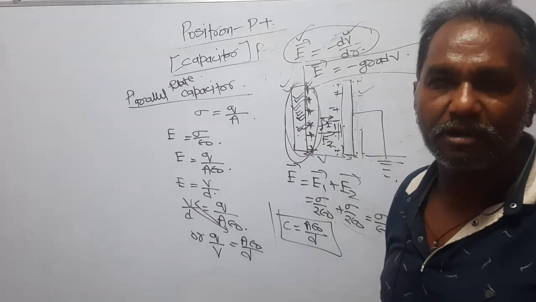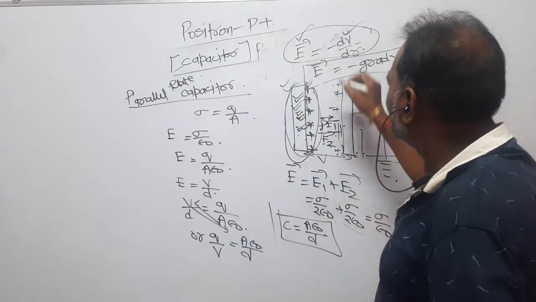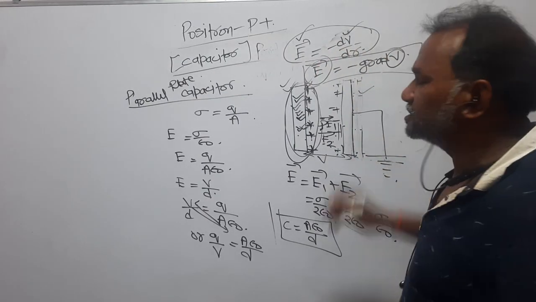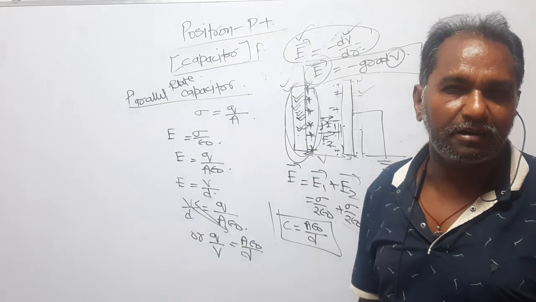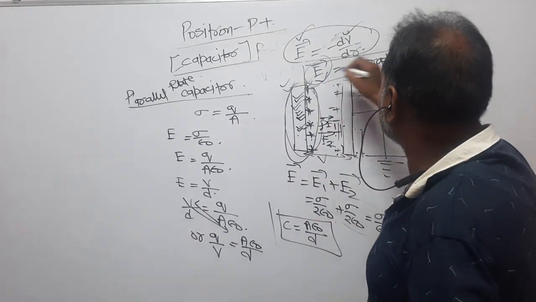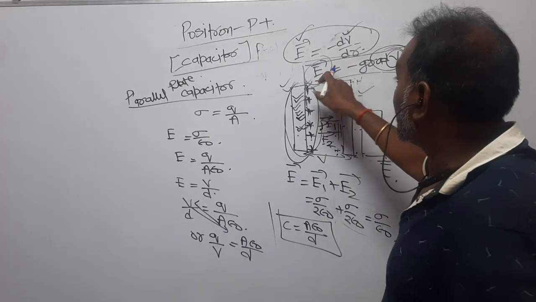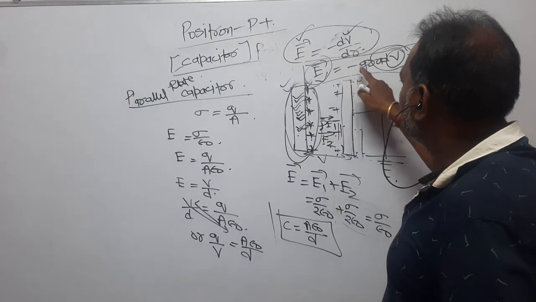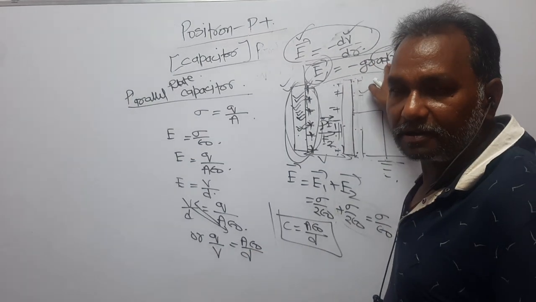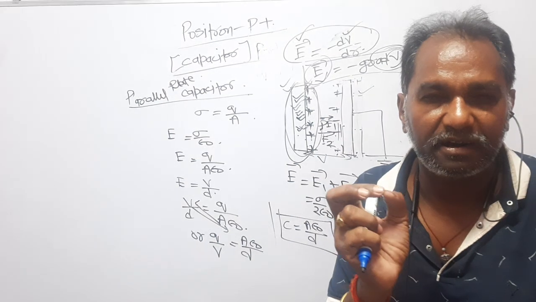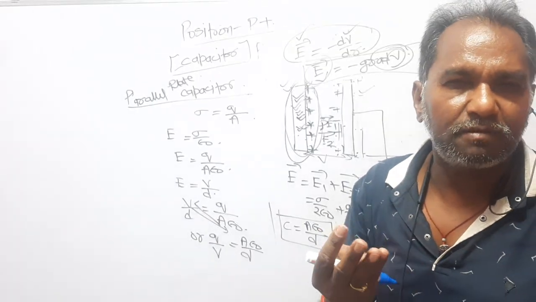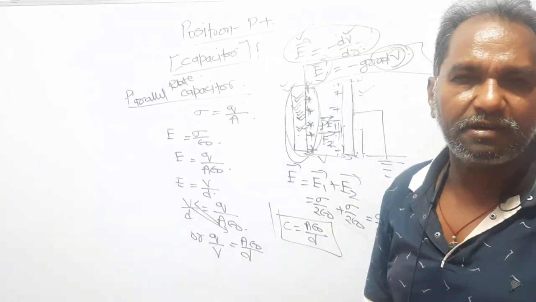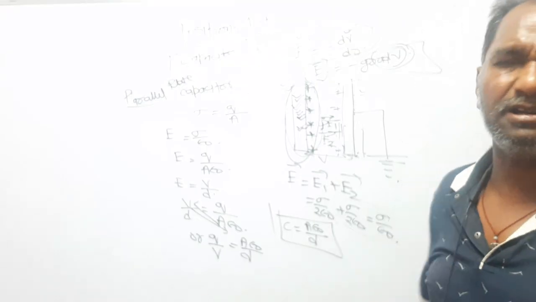Dear students, you must be surprised to know that E is a vector quantity, but the electric potential is a scalar quantity. Now, here is a vector, but here is a scalar. Then how is it equivalent to each other? Dear students, actually gradient is an operator. Operator means positive, negative, division, multiplication, differentiation, integration. All these are operators.